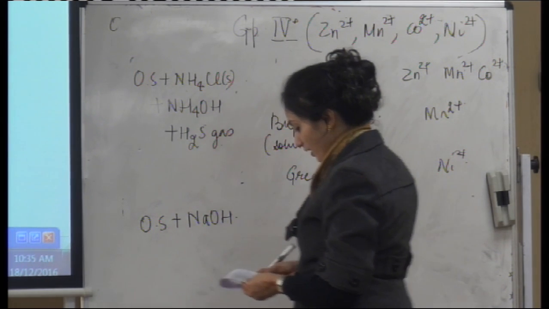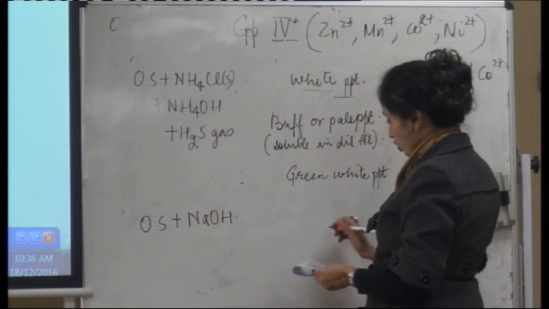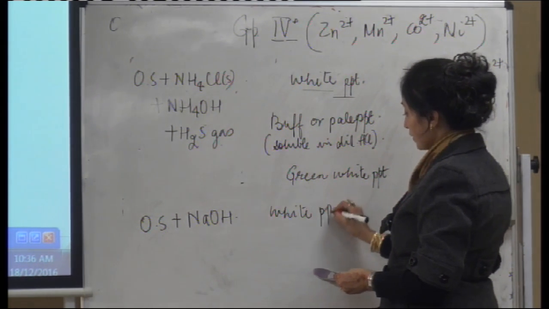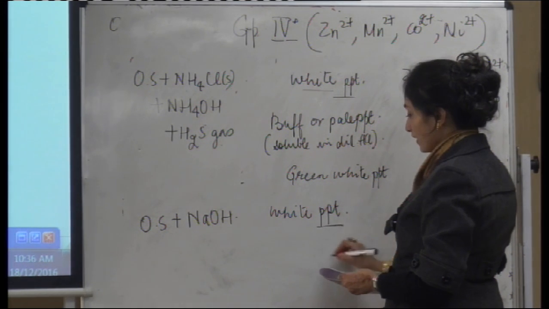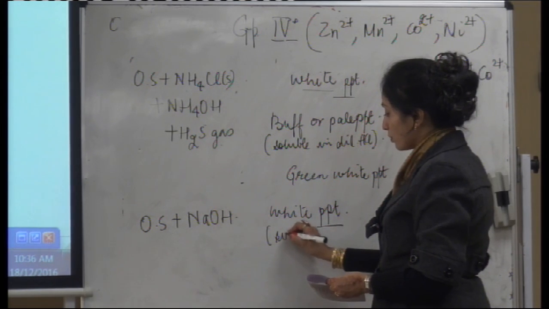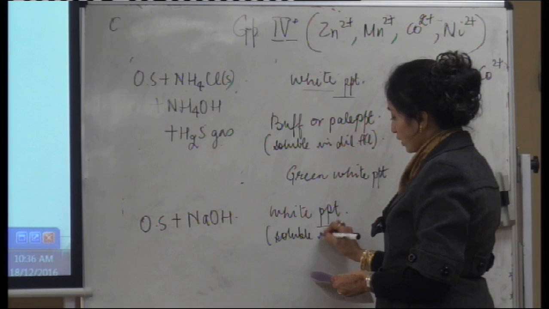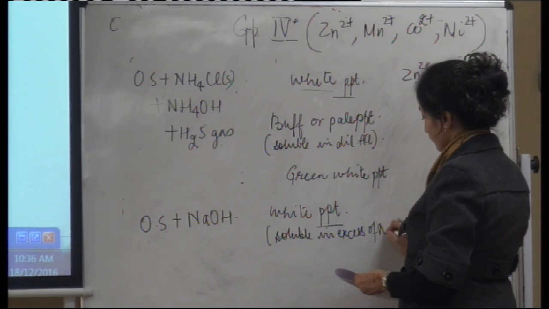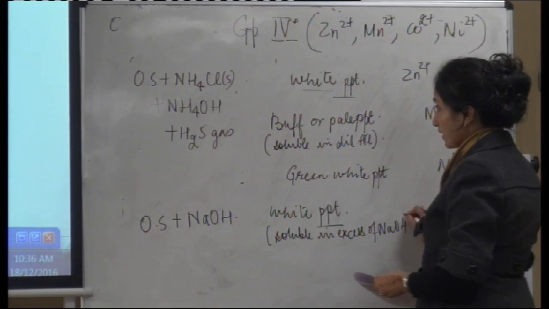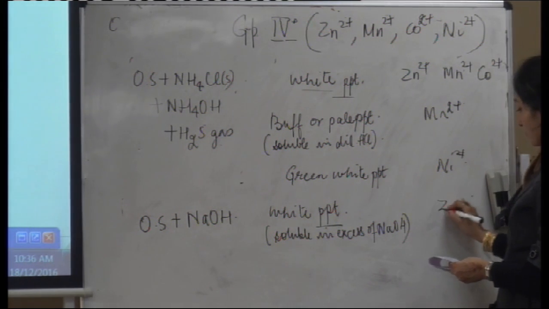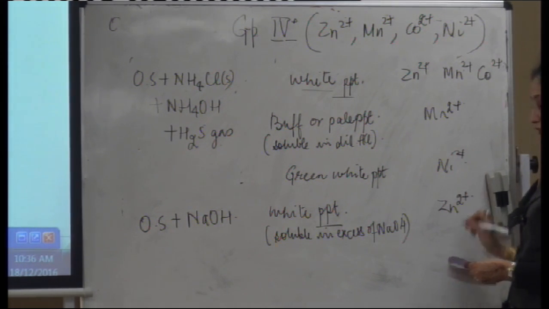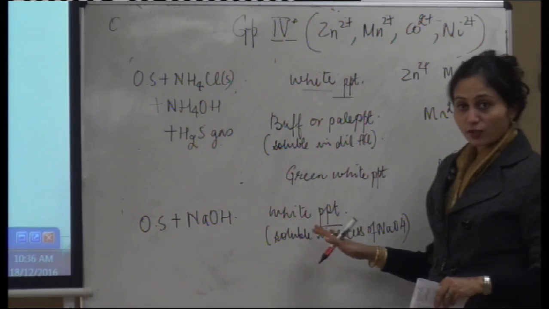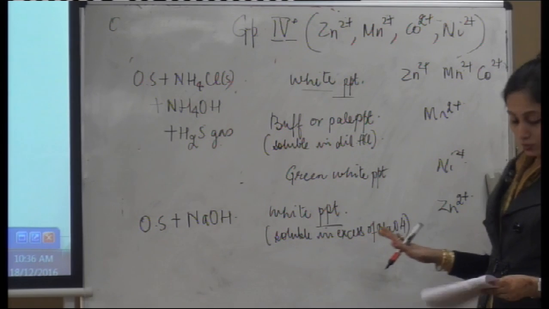If you get a white precipitate, add a little NaOH and check if this white precipitate is soluble in excess of NaOH. If it is soluble in excess of NaOH, then your Zn2+ is confirmed. As far as I remember, it's a little dirty white, so just check it.